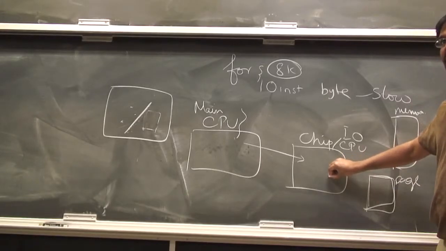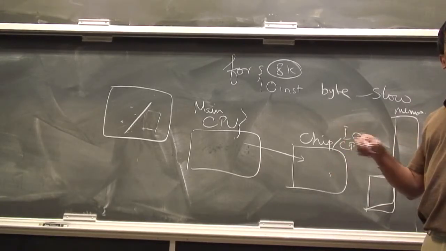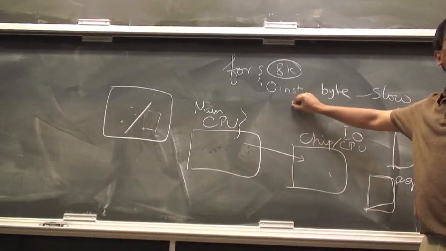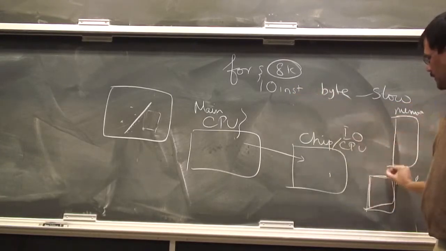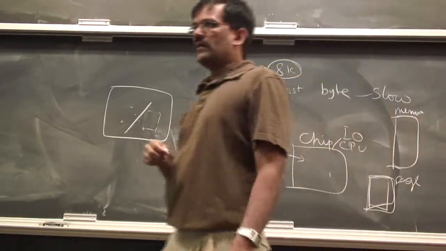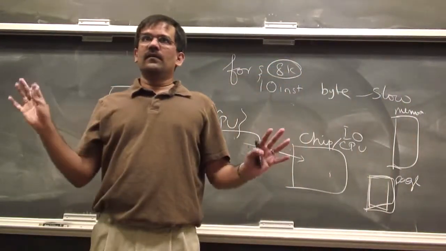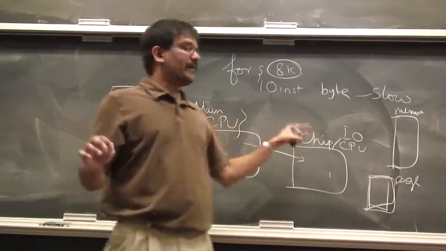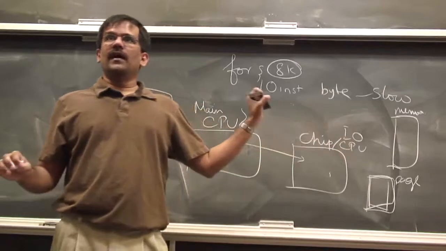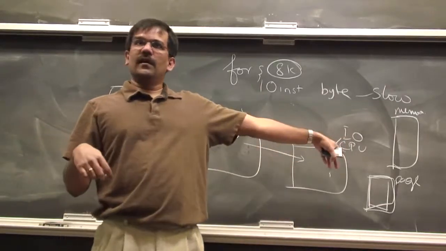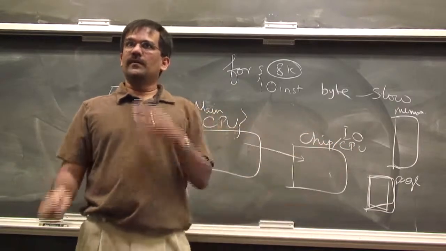Tell the DMA controller that you have to read X amount of bytes from this disk onto this memory, right? And then the CPU just goes off, because it knows that the DMA controller would do all the stuff, and when it's done, it'll get an interrupt back saying, I finished that I/O that you asked me to do, and then you can proceed, right?